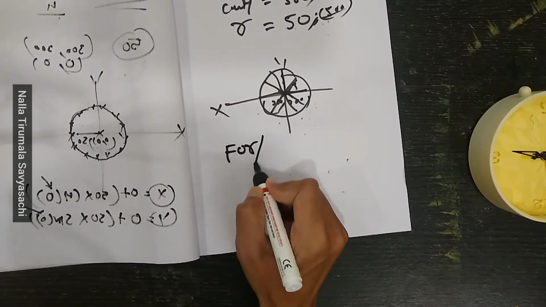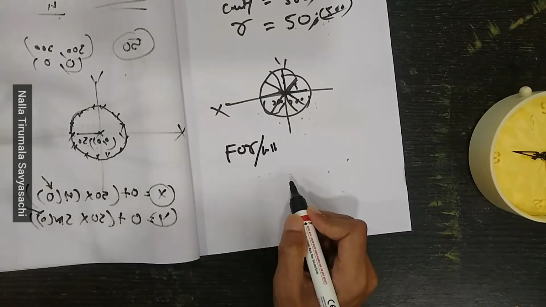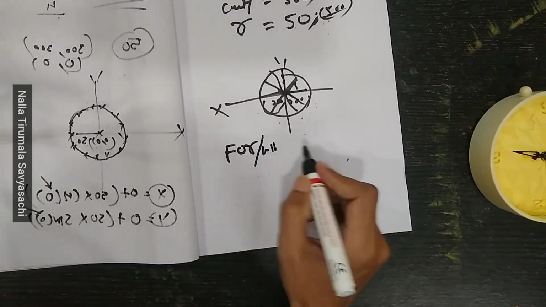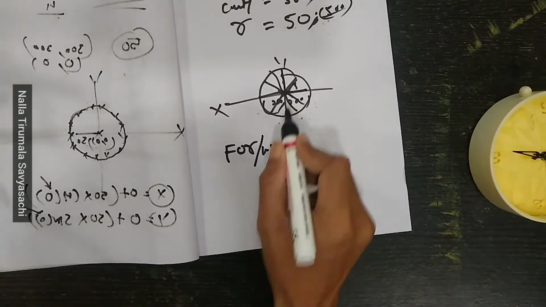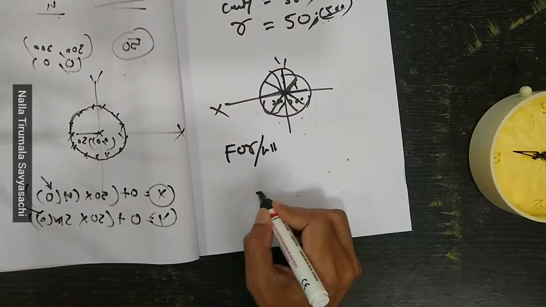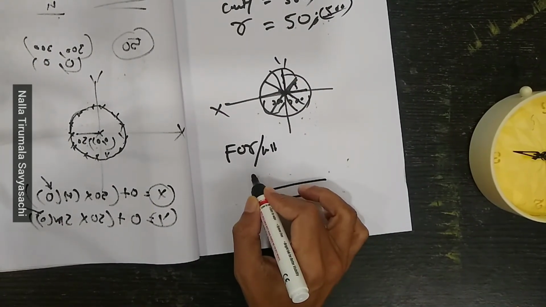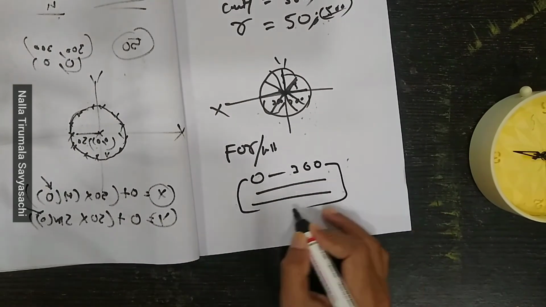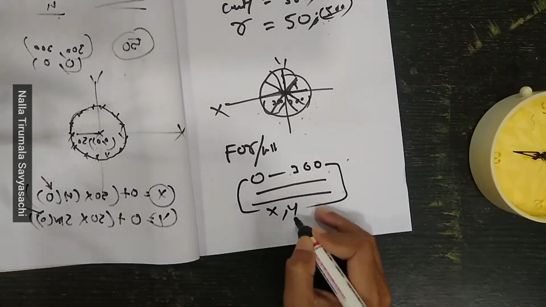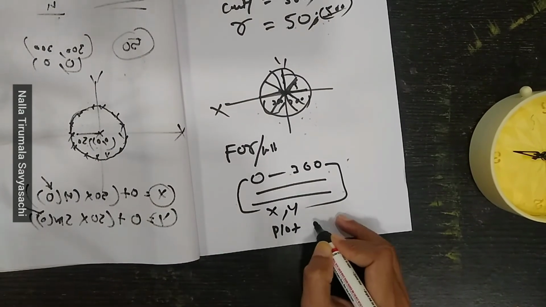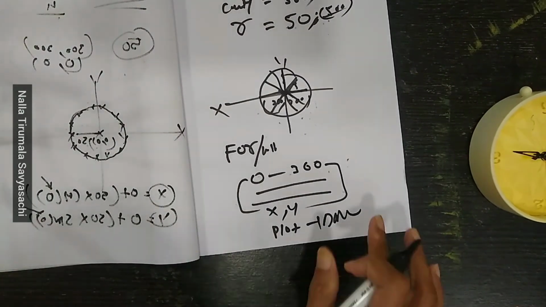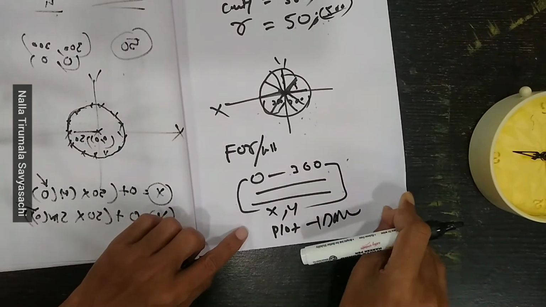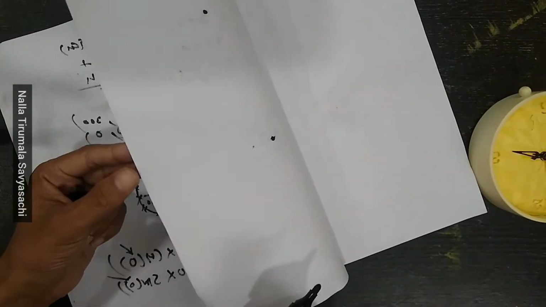You can use a while loop or for loop if you are aware of a programming language, or if you want to write pseudocode, repeat these two instructions from 0 to 360. Repeat these two instructions and you will get x, y, and plot them or draw them on your graph or white paper.